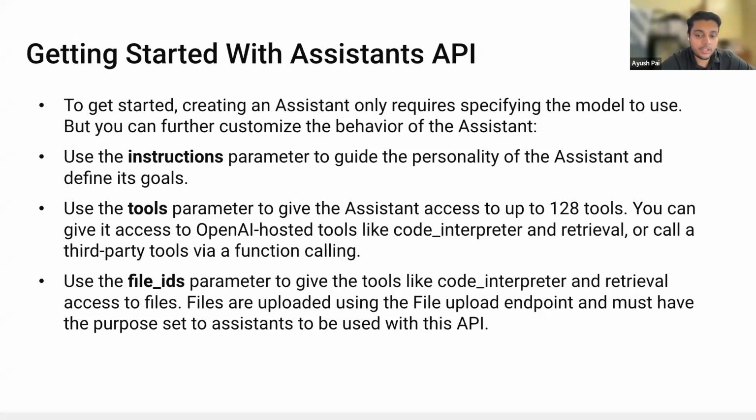The Assistants API offers incredible flexibility, allowing you to tailor the assistant's functionality to meet your precise requirements. And you can set it up for a lot of scenarios through the instructions parameter, where, based on the type of query the user is giving, you can have it respond in different ways.